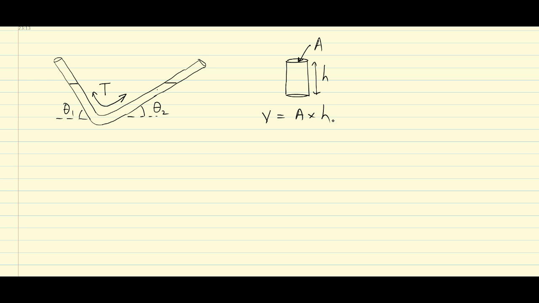Now what happens if I distort the cylinder a bit and give it inclined sides like this, that is, the curved surface of the cylinder is not perpendicular to the base.